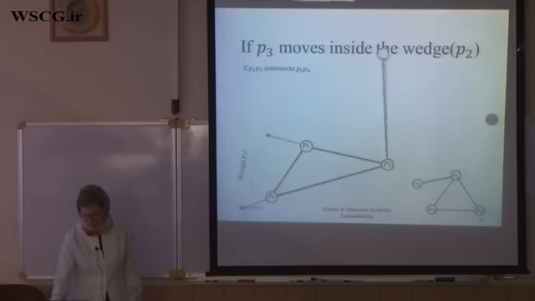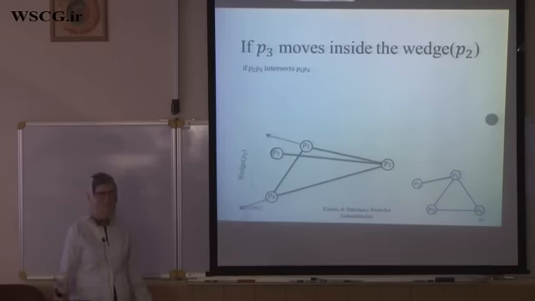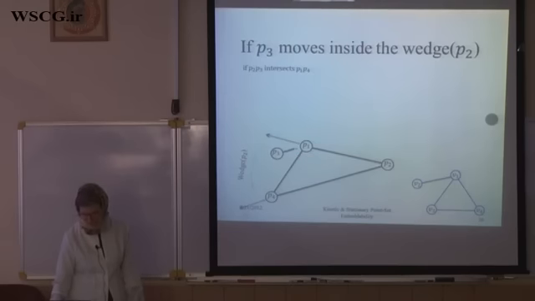So here's an example. The other bad case, we need sound effects here. P3 lies in the wedge of P2, but outside the triangle. It's still bad because we have a crossing there. And so what happens in this scenario, we have to remap who's hosting which vertices, and we can do it like this.